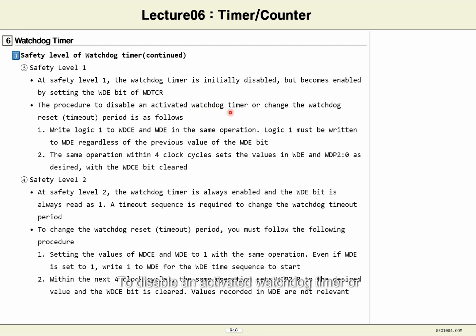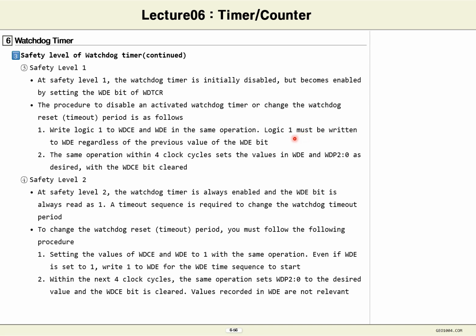To disable an activated watchdog timer or change the watchdog reset timeout period, follow the steps below. First, 1 must be written to the watchdog change enable bit and the watchdog enable bit in simultaneous operation.